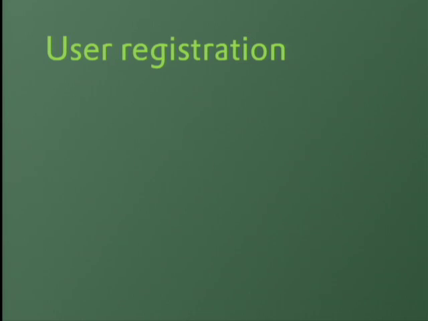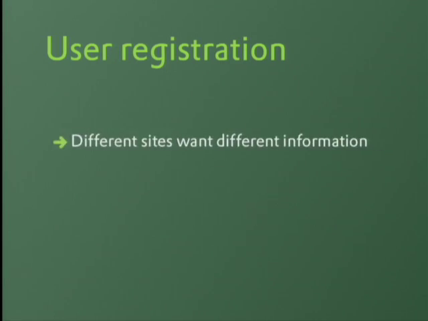And really, when you think about it, it seems like user registration is such a simple thing, and we're going to get into how to deal with some of this, but really, you start looking at different sites. Okay, I want your username and your password and an email address because that's all I need. But this guy over here, his marketing department wants to know if they can sign you up for their newsletter. And this guy over here needs your zip code and all this stuff.